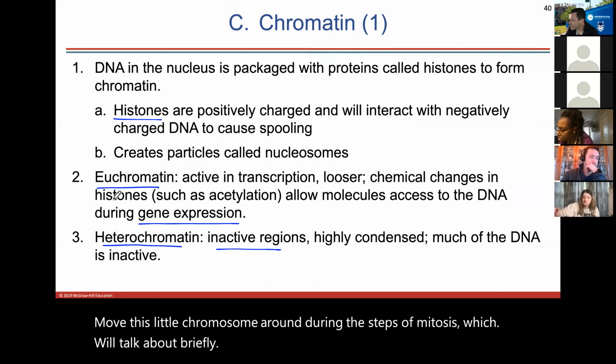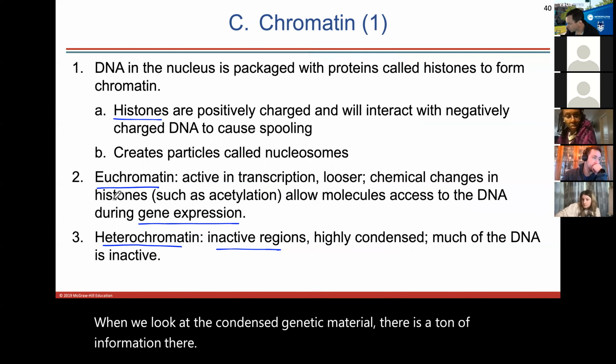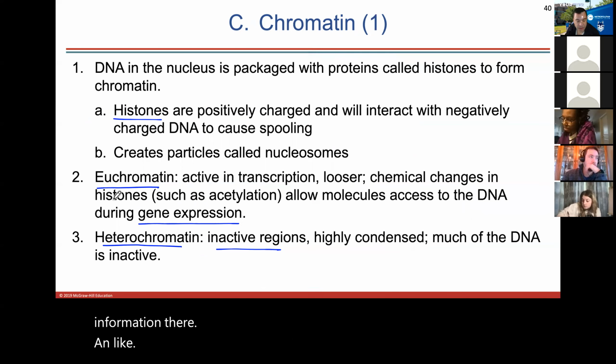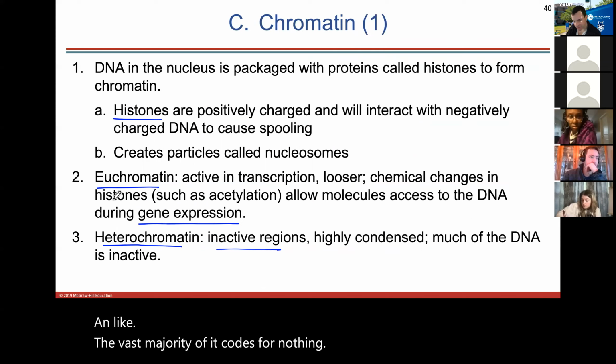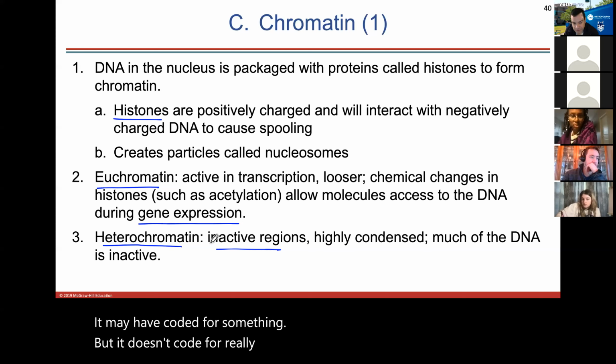When we look at the condensed genetic material, there is a ton of information there. And the vast majority of it actually codes for nothing. It may have coded for something, but it doesn't code for really anything. It's inactive. It can't be read.